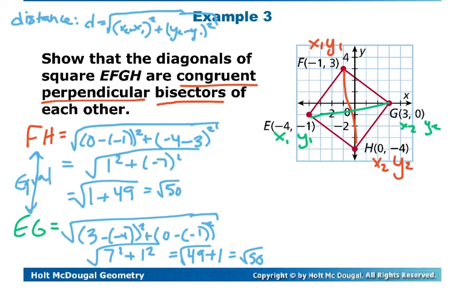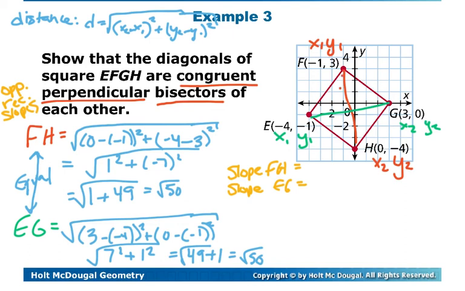Perfect. The next piece is that they need to be perpendicular, and so perpendicular means that you have opposite reciprocal slopes. So we need to find the slope. So we need slope of FH, and we also need slope of EG. So let's see, we have a rise of FH of, where am I here? Oh, a run.